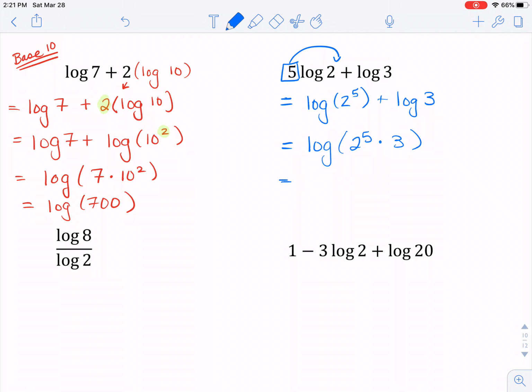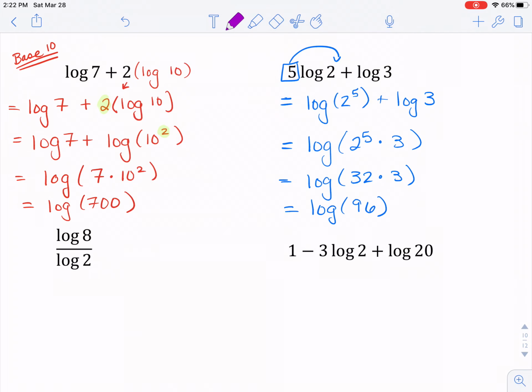And 2 to the 5th is what? 2 to the 5th is 32. So we're actually doing the log of 32 times 3. 90 plus 6 is the log of 96. And again, neither of those can be simplified any further.